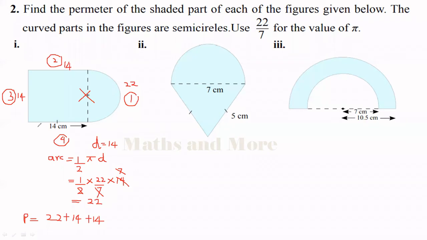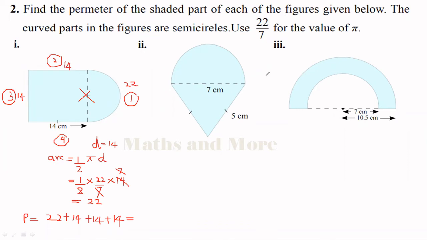Fourth length, that is also 14. And now add these values and tell me what is the answer. We added all the sides. Length around the figure is called perimeter.